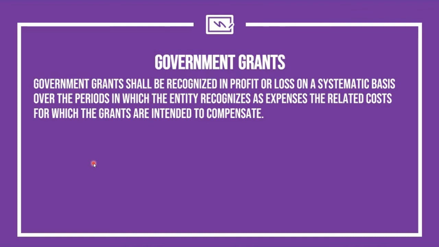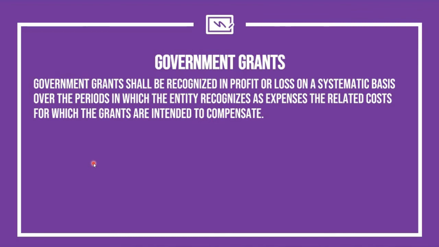For example, if the grant is relating to the construction of property, plant, and equipment, the recognition of the government grant as income will be systematically spread over the life of the property, plant, and equipment where the grant was applied. So that's basically how it works.